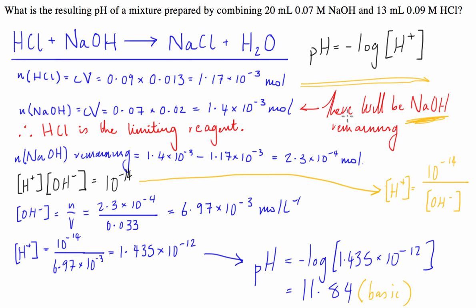And then we used this relationship, the dissociation of water, to figure out what the hydrogen ion concentration associated with this hydroxide ion concentration was. Once we got that, we could plug it into the pH formula and we come out with a pH of 11.84, which, because it is greater than 7, means that it's basic.